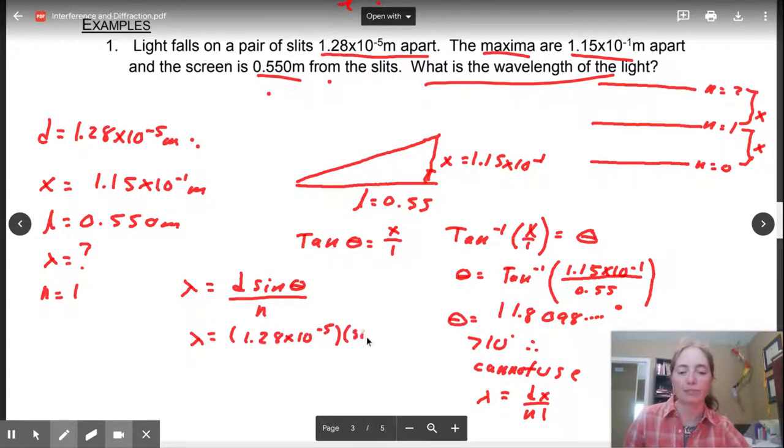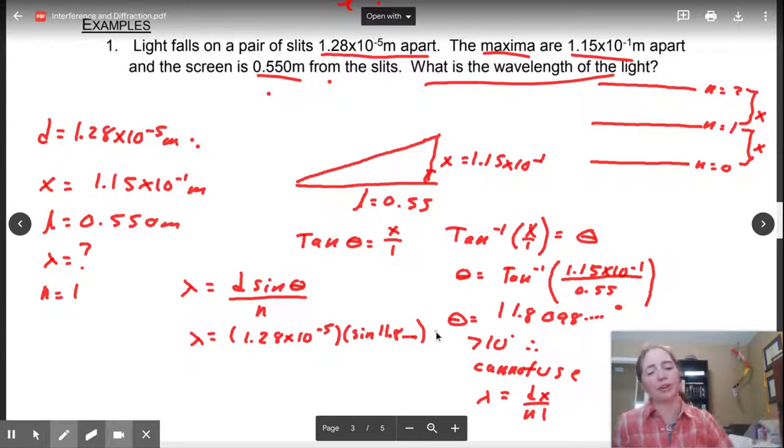Multiply that by sine of 11.8, using all numbers in your calculator, please. And n is 1, so don't divide by 1 in your calculator. You do not have to do that.